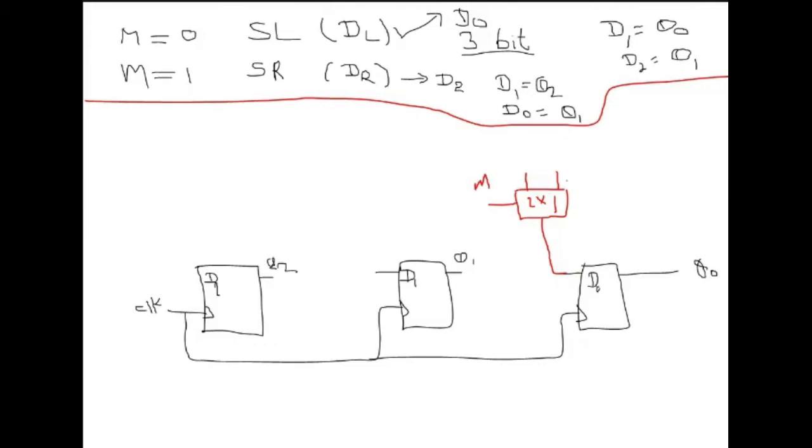So this is my 0th input, this is my first input. Similarly, I can use a 2:1 mux here. M is the controlling, this is the 0th input, this is the first input. Output will be D2, D1 and D0. So 3 mux, all 3 will be connected to D2, D0 and D1.